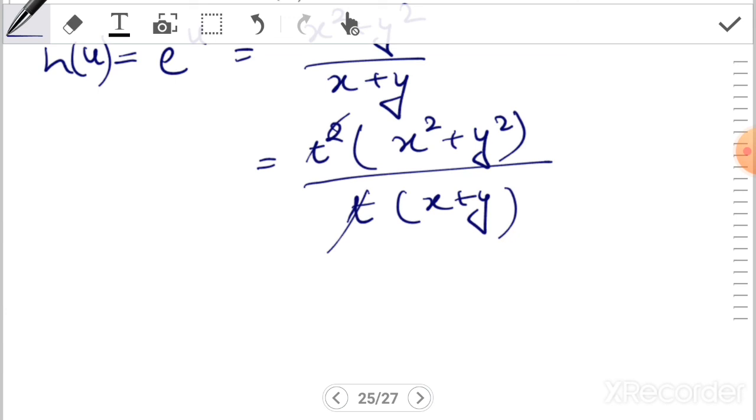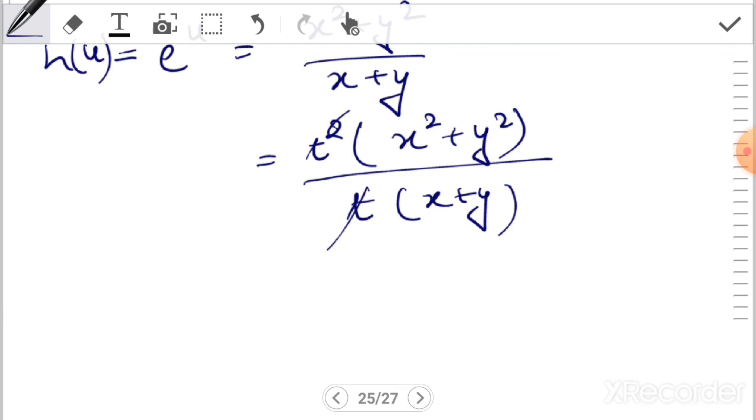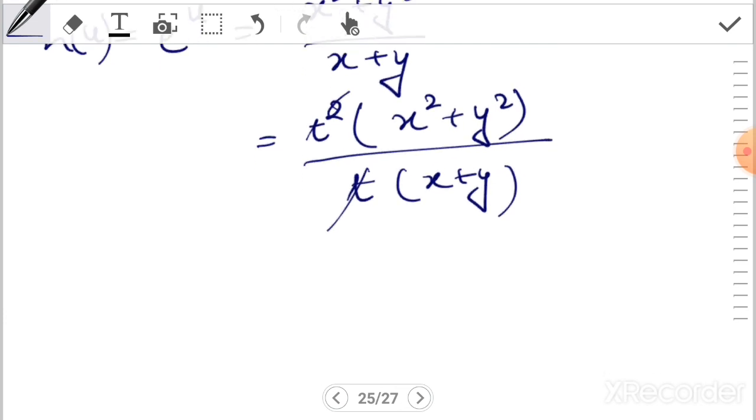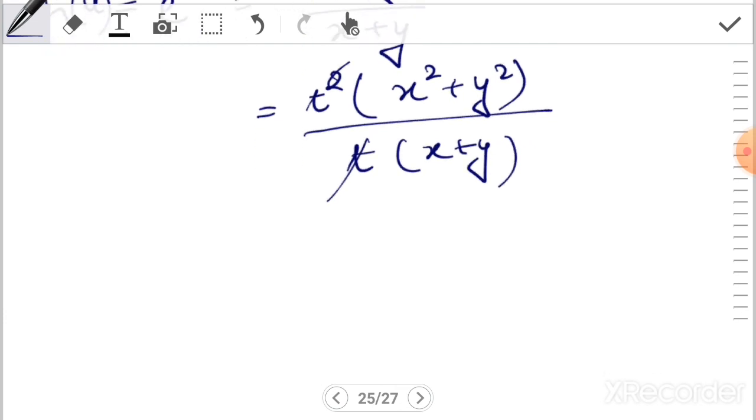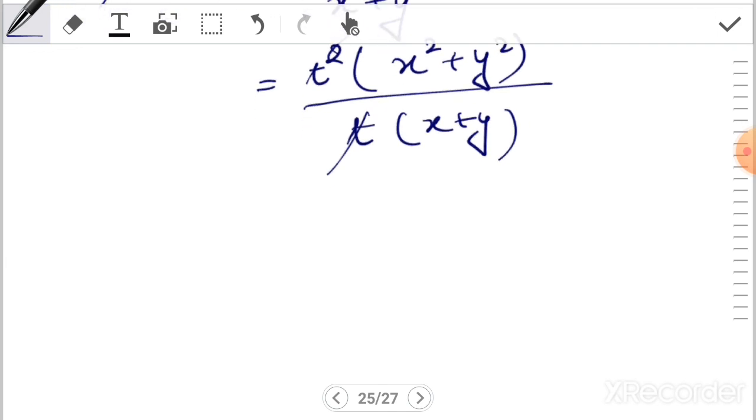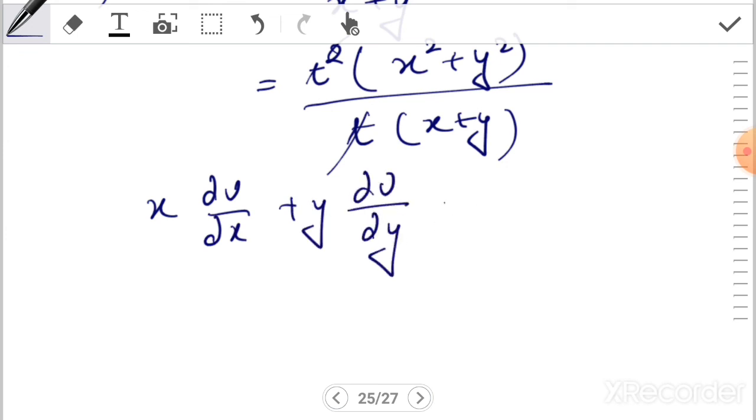So which formula will be applicable? Since originally this function was not homogeneous, x del u by del x plus y del u by del y is equal to n h(u) by h'(u).